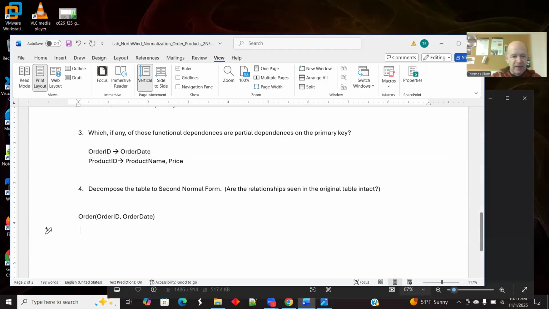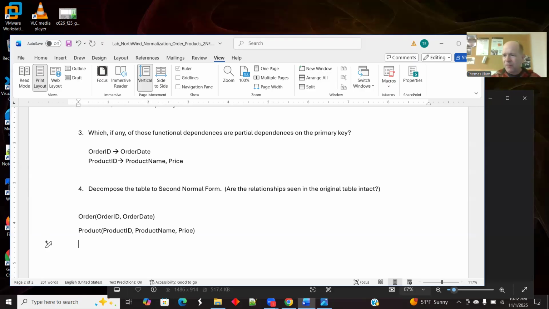And then we need the product table with the product ID and the product name. And we'll go with the price there. And then we said that the order product table was a bridge table.